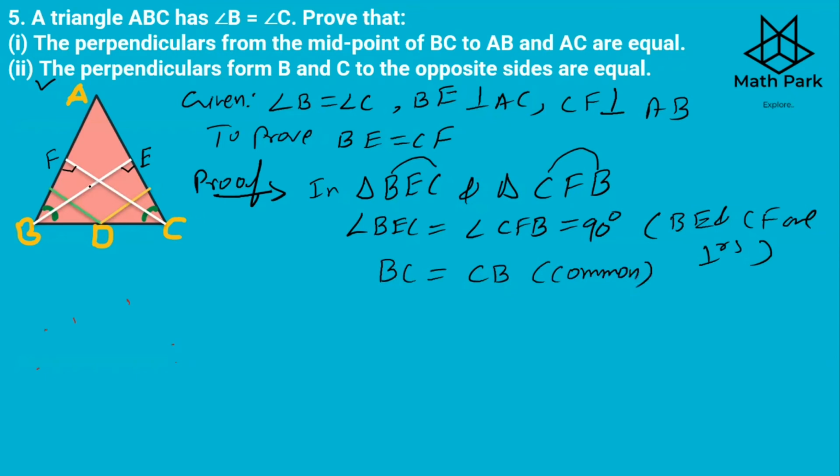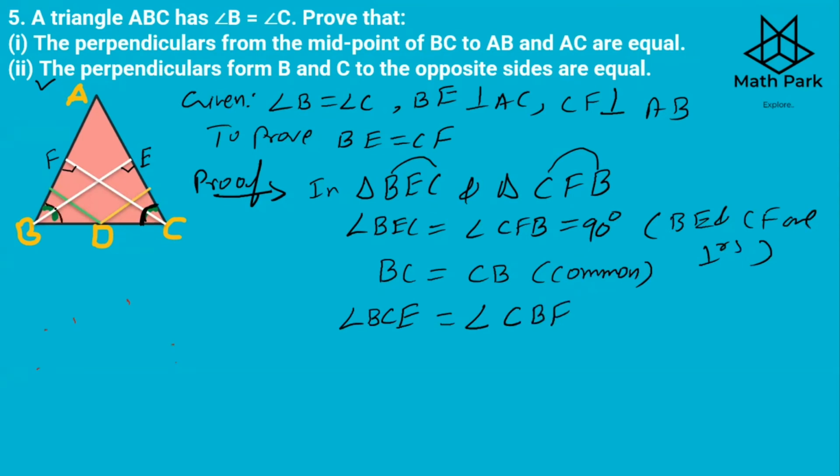Then another thing we are given. If I'm talking of BEC, look at this part, angle C. Now there are so many angles formed, so you have to be very careful about naming the angles. Angle C of this triangle means angle BCE, which is equal to angle B of this triangle, which is angle CBF.